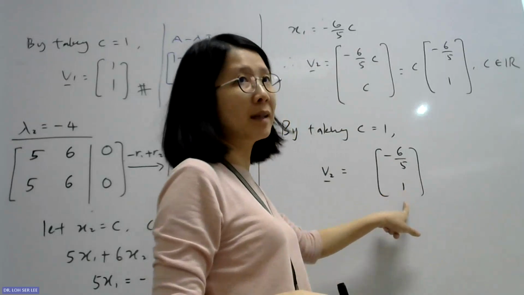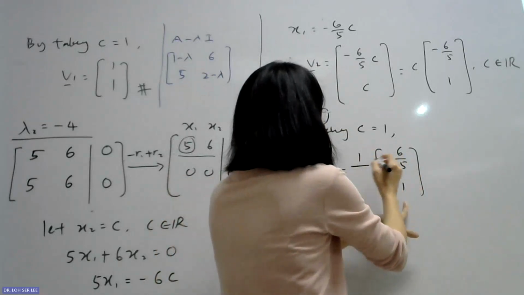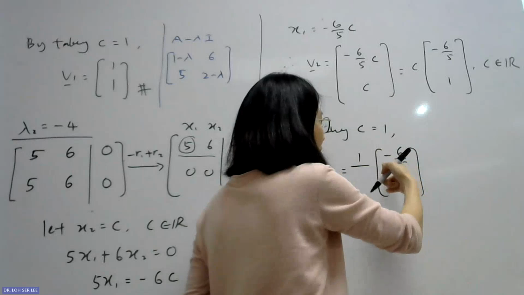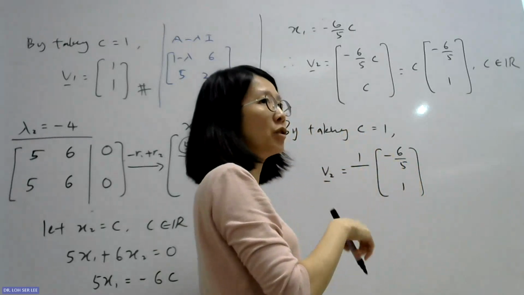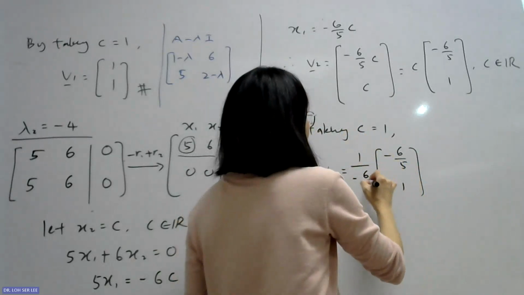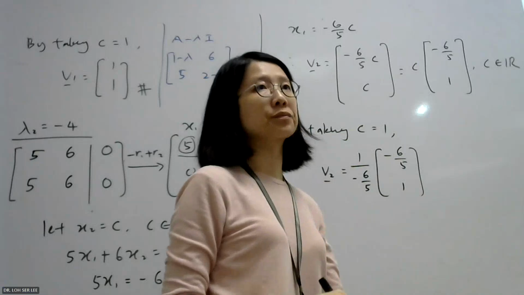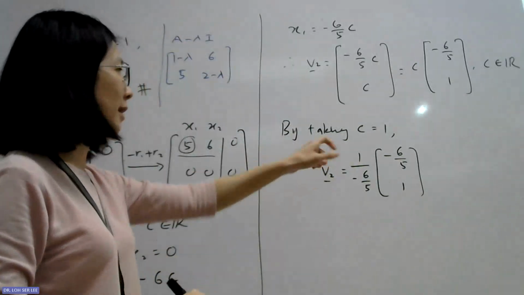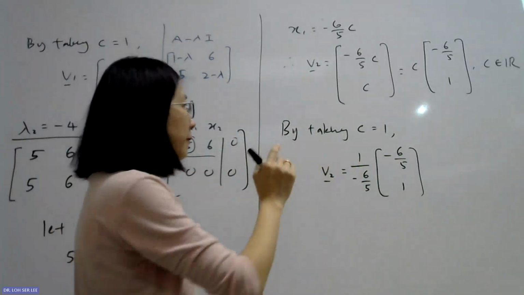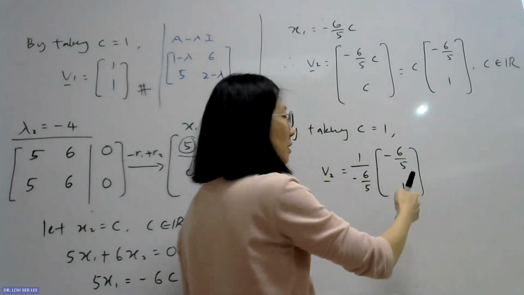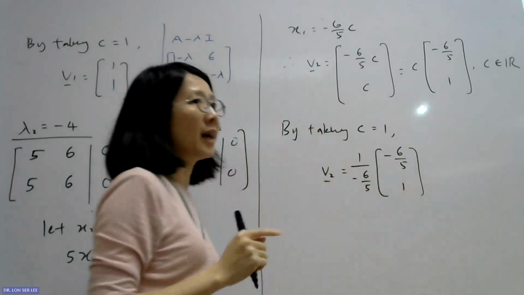We want to normalize this, so we divide all the entries by the entry with the largest magnitude, -6 over 5.